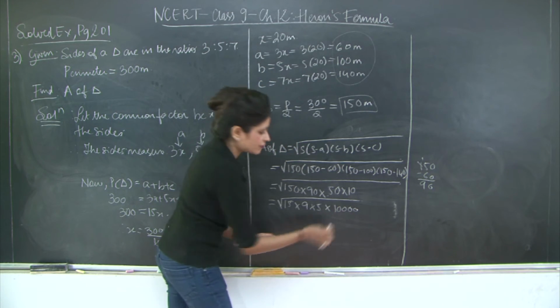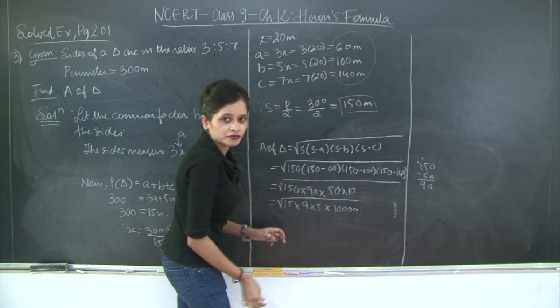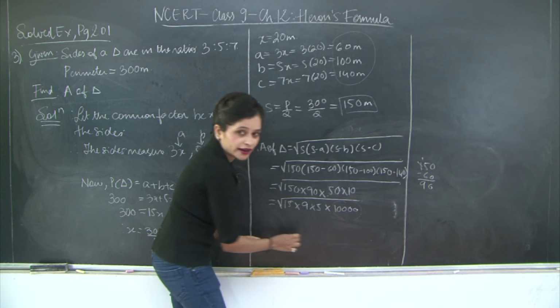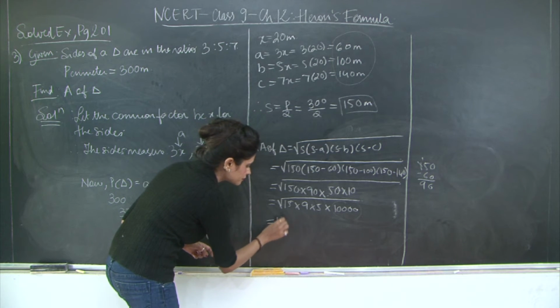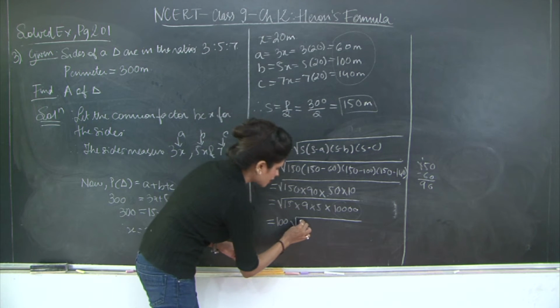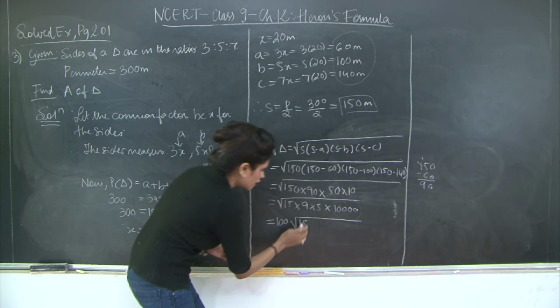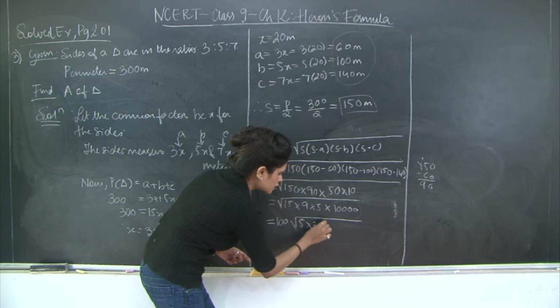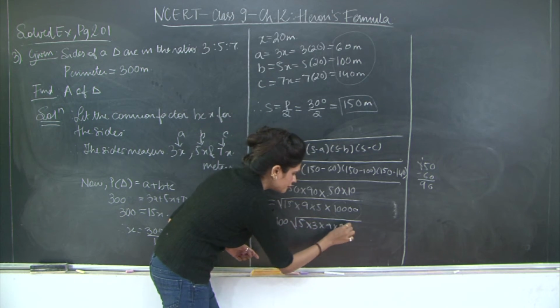Because it would be very easy for me to find the square root of this term. The square root of this term will be how much? Only 2 zeros will come out with 1. So it will be 100. And inside I am left with 15. So this is going to be 5 into 3 into 9 into 5.